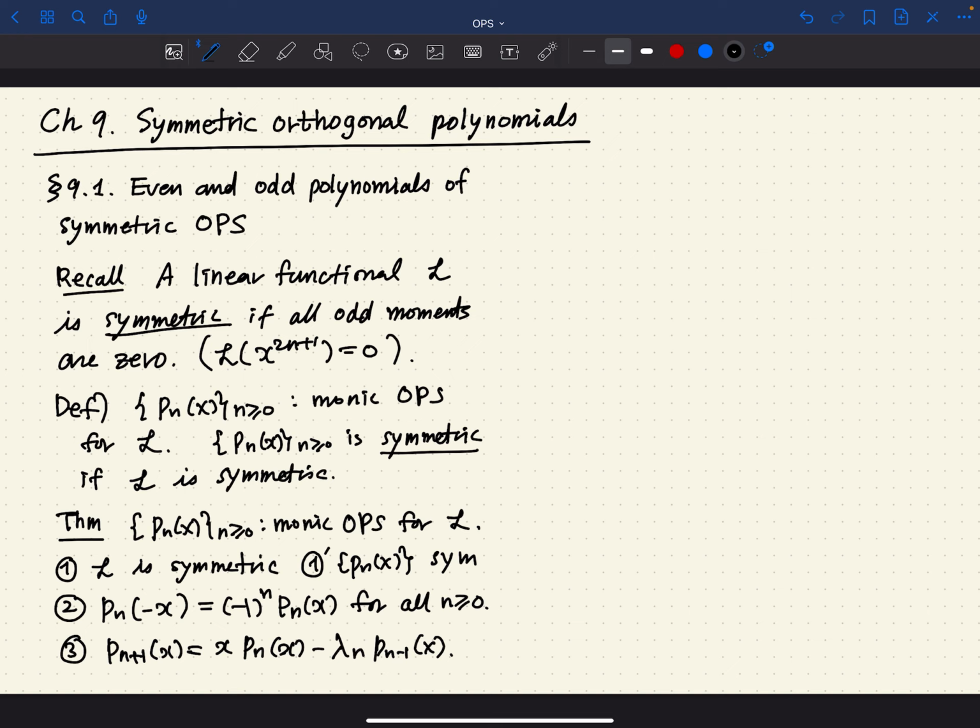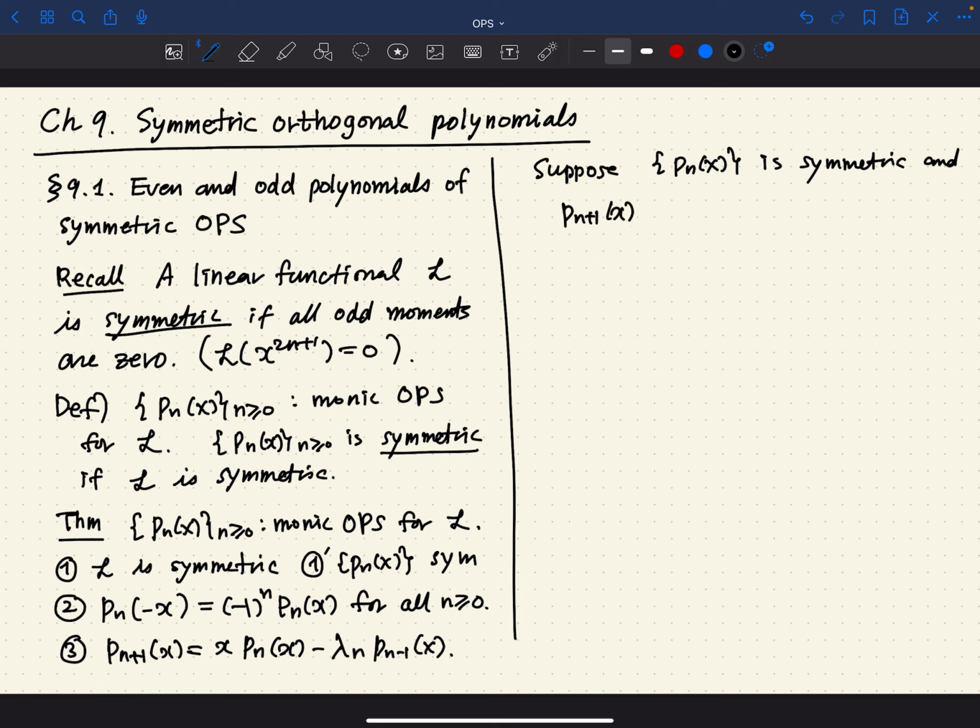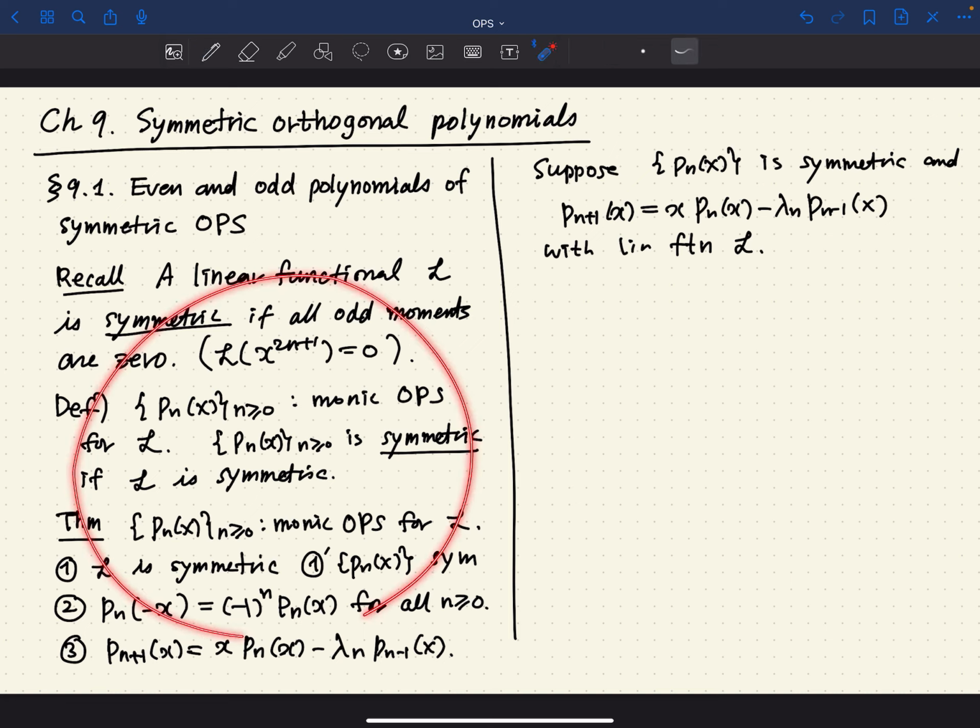So now suppose that we have a symmetric monic OPS, and we have this three-term recurrence, with, let's say, a linear functional L, as in all our setting here.